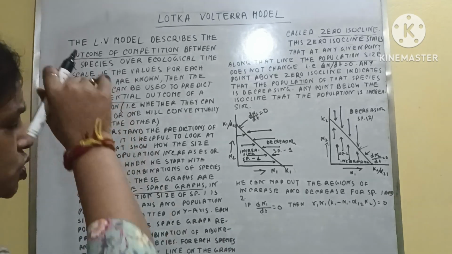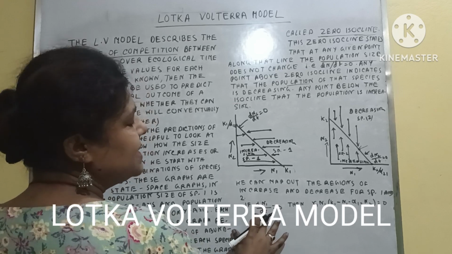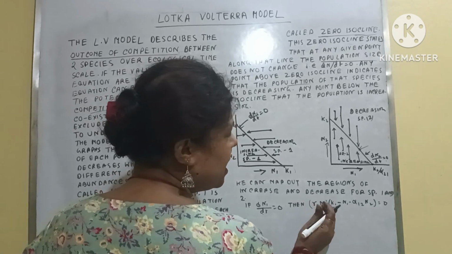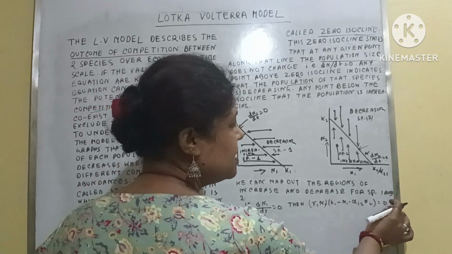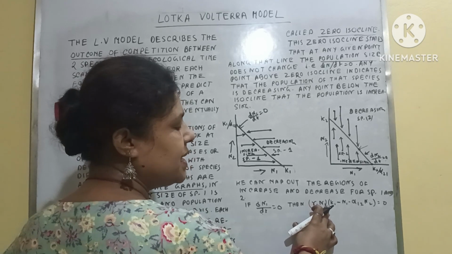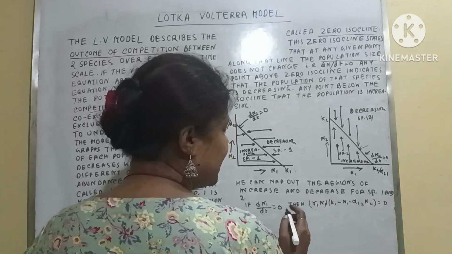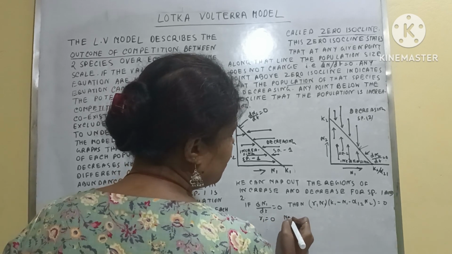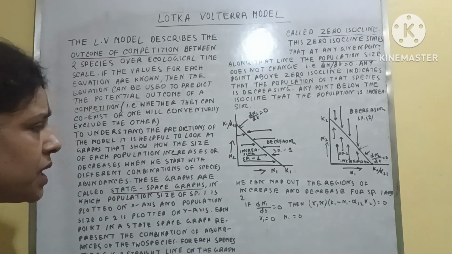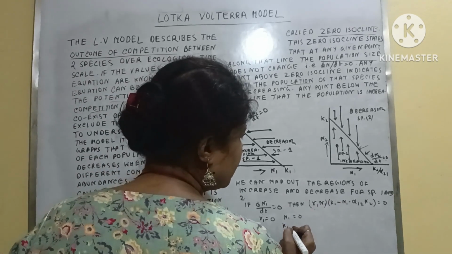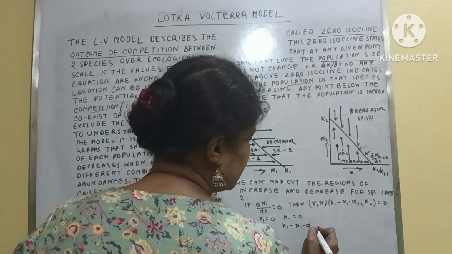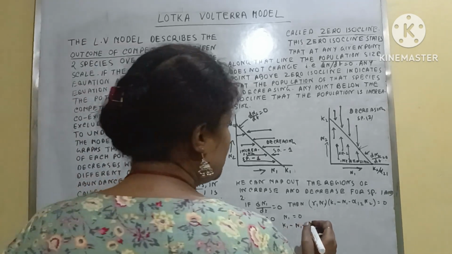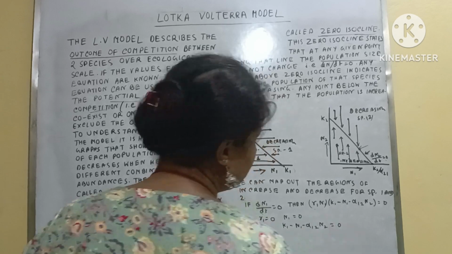Here dn1 by dt is 0. That means this whole product is 0, so r1 is 0 or n1 is 0, or k1 minus n1 minus alpha 1 2 n2 becomes 0.